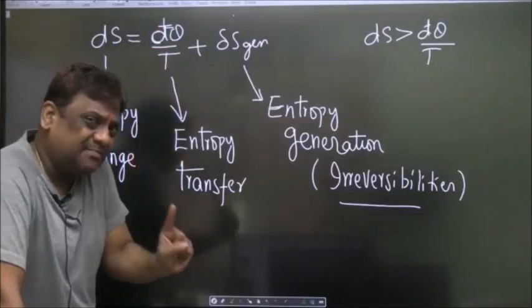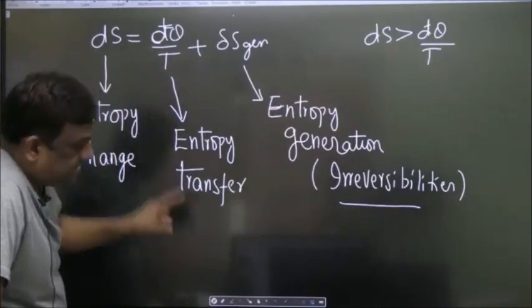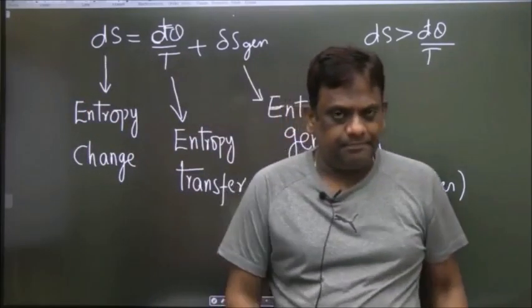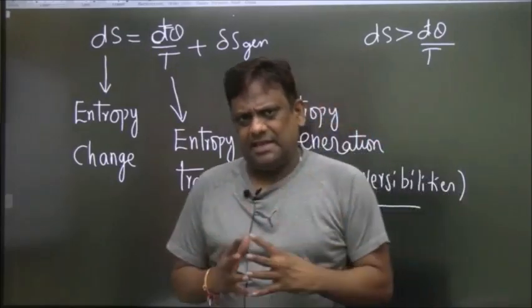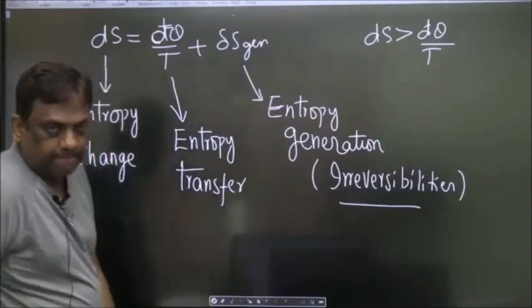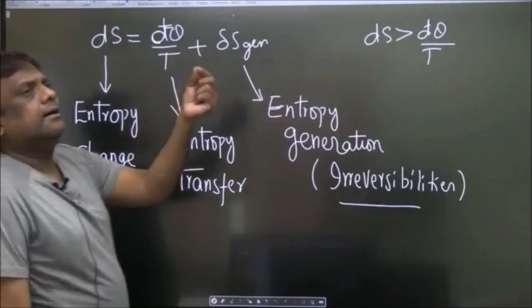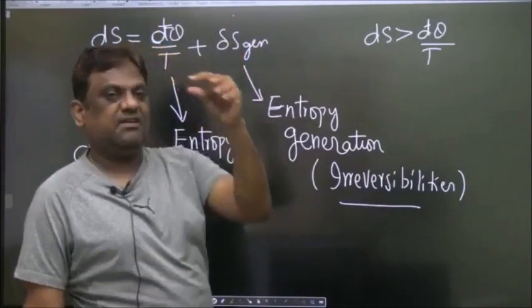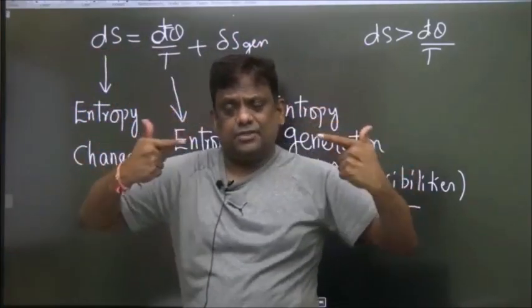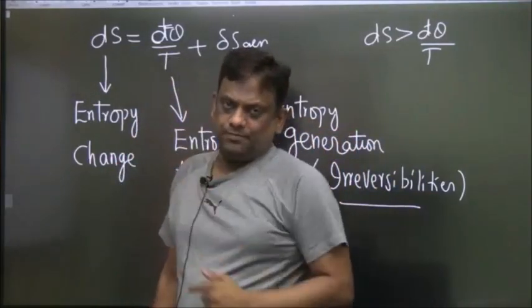In GATE there are multi-select questions, MSQ, and a question can come something like this.